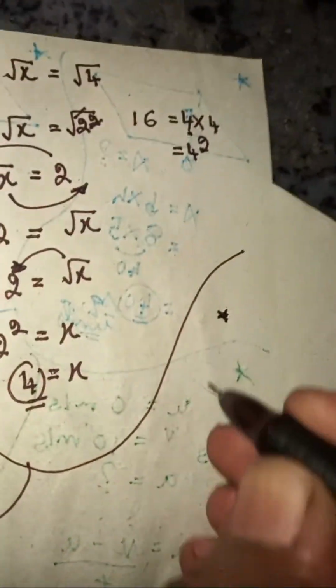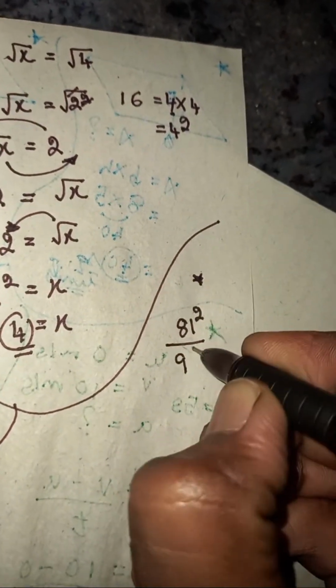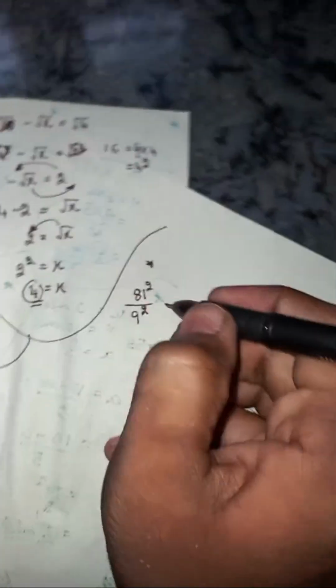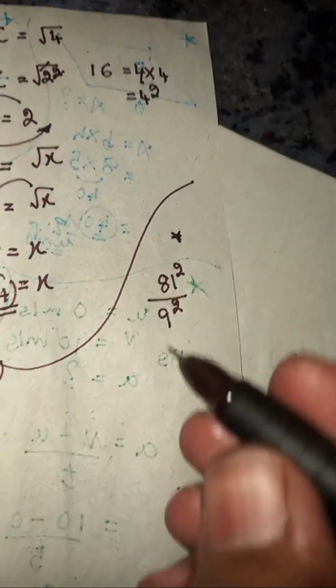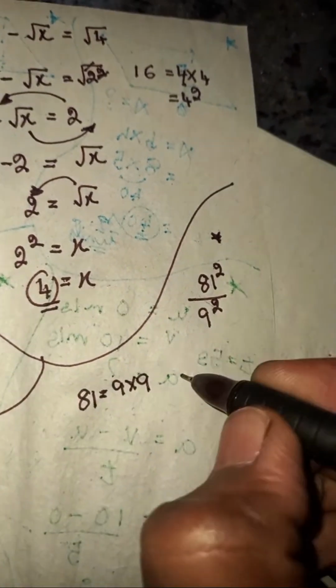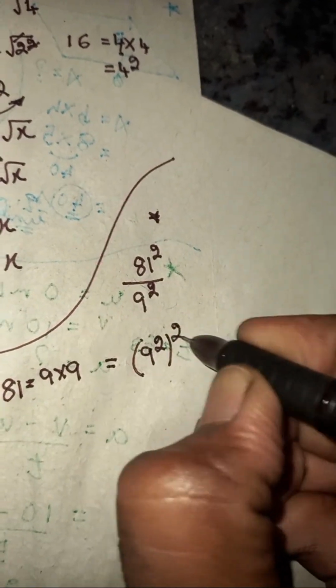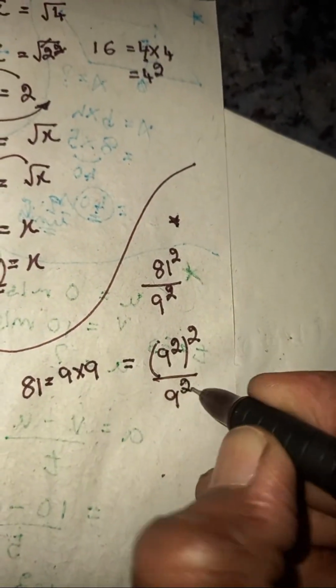Here they have given 81 square by 9 square. You can do the same thing. 81 you can write as 9 times 9. So you can write inside 81 as 9 square, whole square by 9 square.